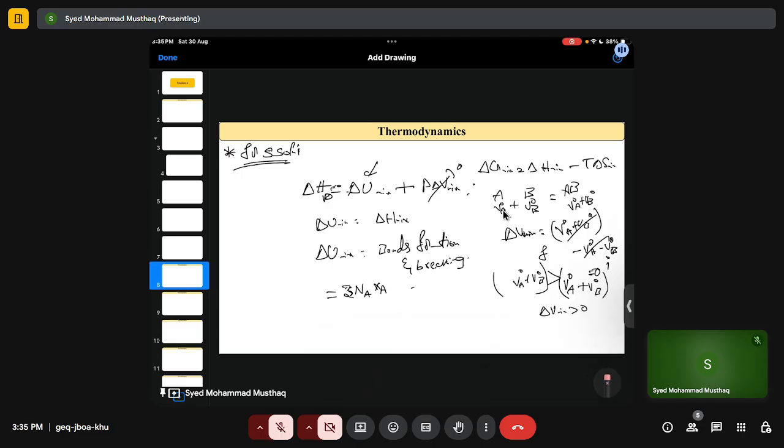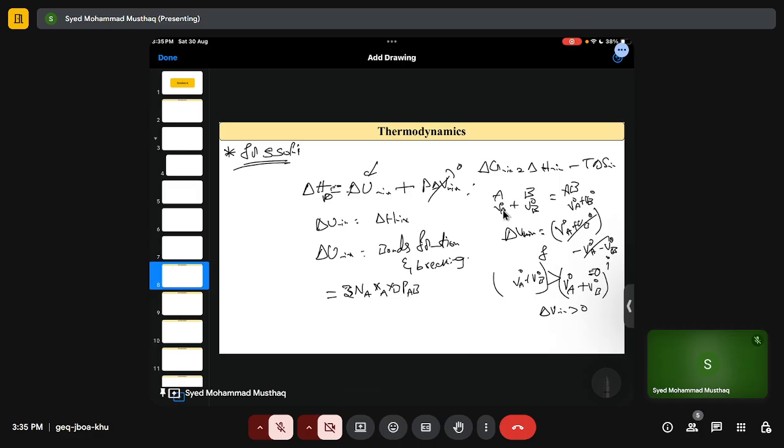Omega tells me the bond energy that has been released, or the total number of bonds that have been formed. Bonds are formed because we are mixing A and B, right? So AA bonds are being broken, BB bonds are also being broken, and a new type of bond is forming, that is the AB type of bond. So I want to know the number of AB bonds that have been formed.